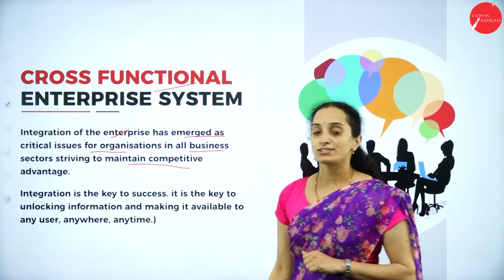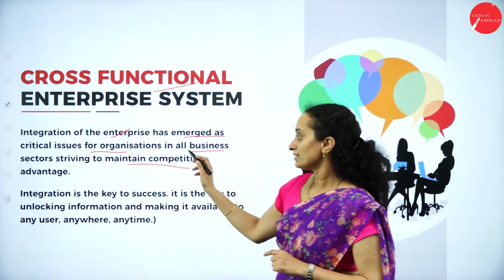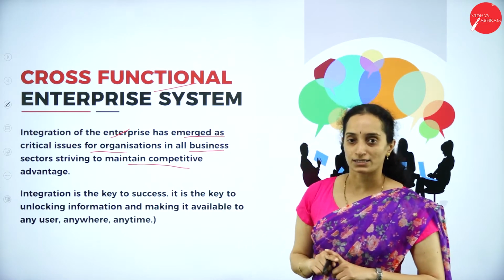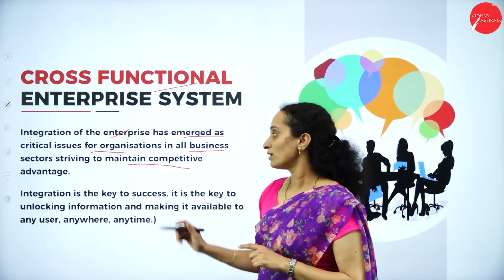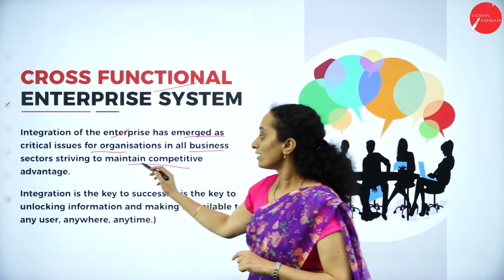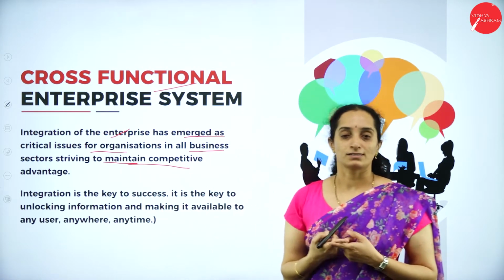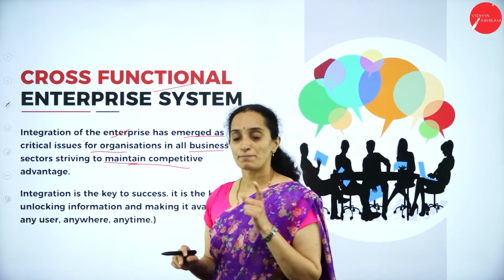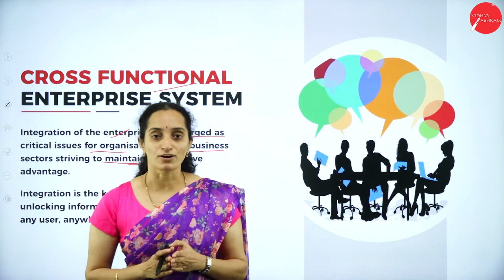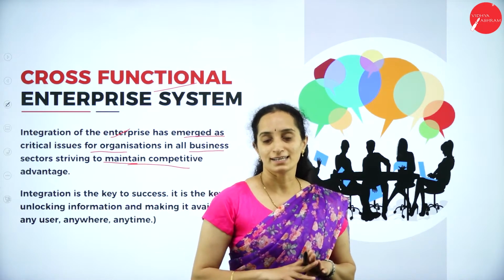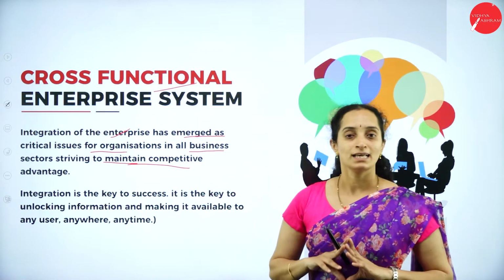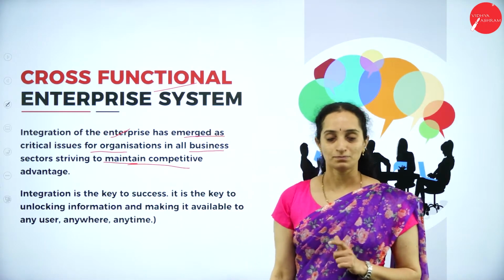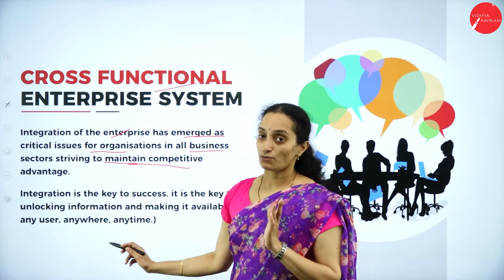Okay, integration of the enterprise is a critical issue for organizations in all business sectors. Wherever you go, integration of the branches and making them work together is the critical issue that must be implemented in all the branches of the information system or the business.